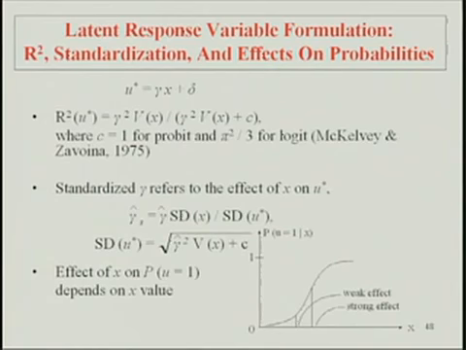Now you talk about a change in x. We're going to make a distinction between two cases, x being low versus x being high. If you make a little change in x here, you're going to get a fairly small change in the probability on the y-axis. But if you make the same amount of change in x a little bit higher up on the x scale, where then the curve is steeper, you're going to get a bigger change in y.